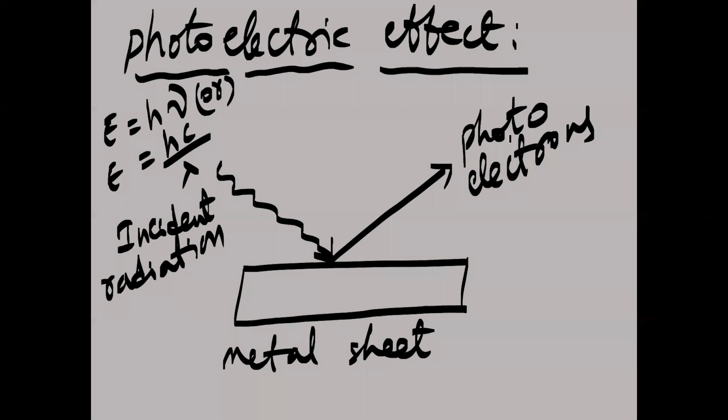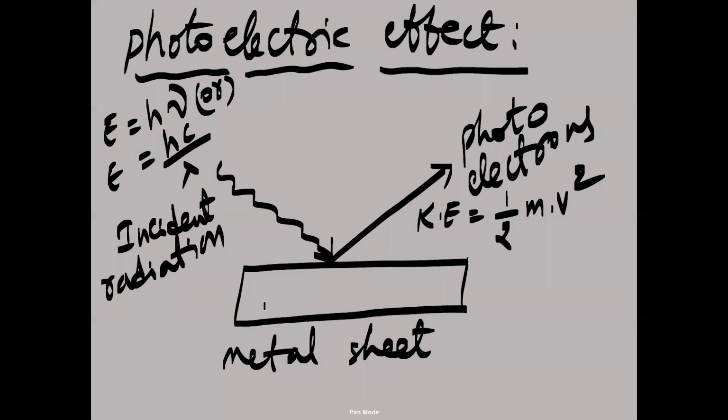These photoelectrons are moving with some velocity v, and they have some kinetic energy. The kinetic energy of these photoelectrons is equal to half mv square. Here m is the mass of the electron, v is the velocity of these electrons, and K is the kinetic energy. Is that clear?